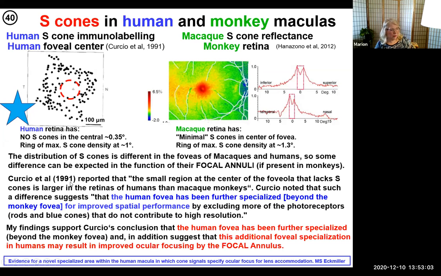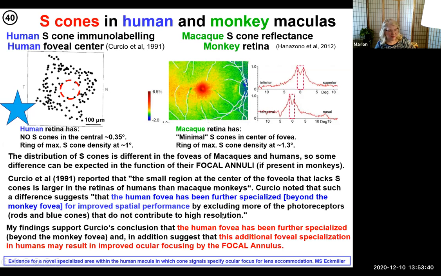And Curcio, in some of her work, reported, and here I quote, the small region at the center of the foveola that lacks S-cones is larger in the retinas of humans than macaque monkeys. Curcio noted that such a difference suggests that the human fovea has been further specialized beyond the monkey fovea for improved spatial performance by excluding more of the photoreceptors, rods and blue cones, that do not contribute high resolution.